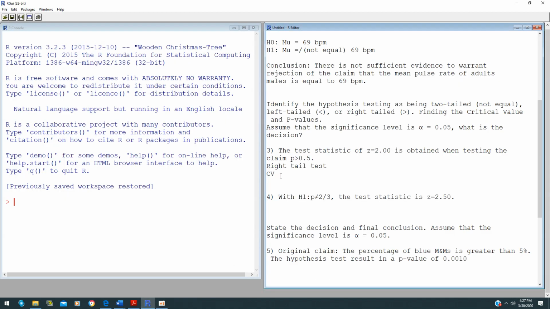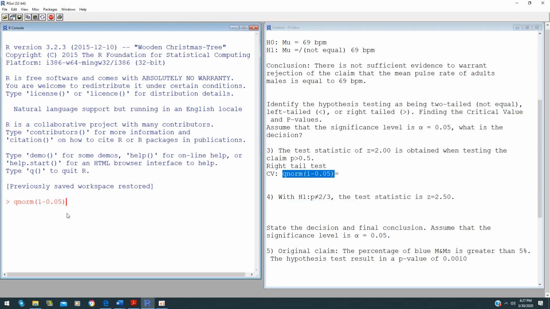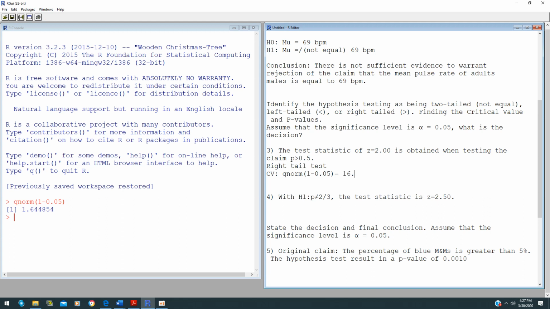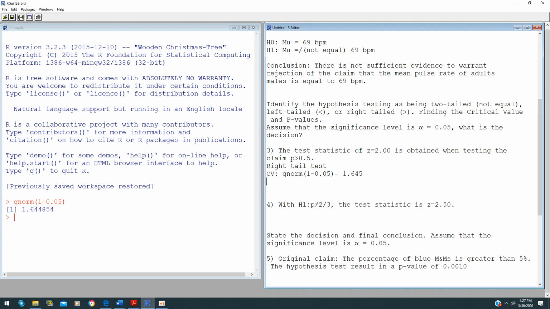So the critical value is qnorm of 1 minus 0.05, and if you type this in R, it gives us 1.645.